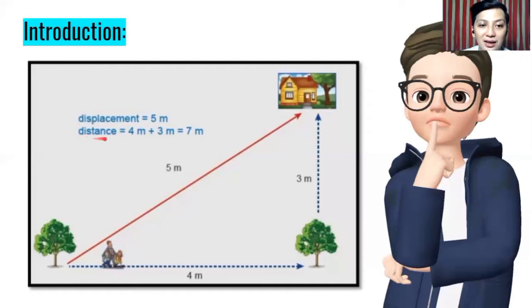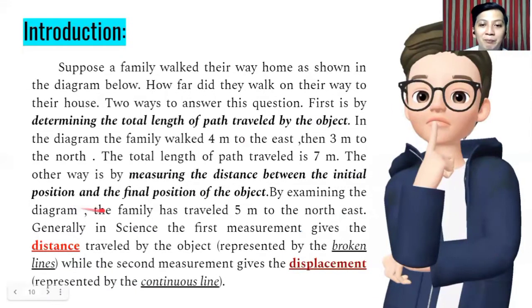Okay, because distance is the total path traveled, like 4 meters to the east, 3 meters to the north, and displacement is only 5 meters northeast. Okay. So, kung mahilig kayo maglaro ng mga racing game, sometimes sa mga racing game, meron silang mga shortcut na ginagamit. So, yun yung displacement.